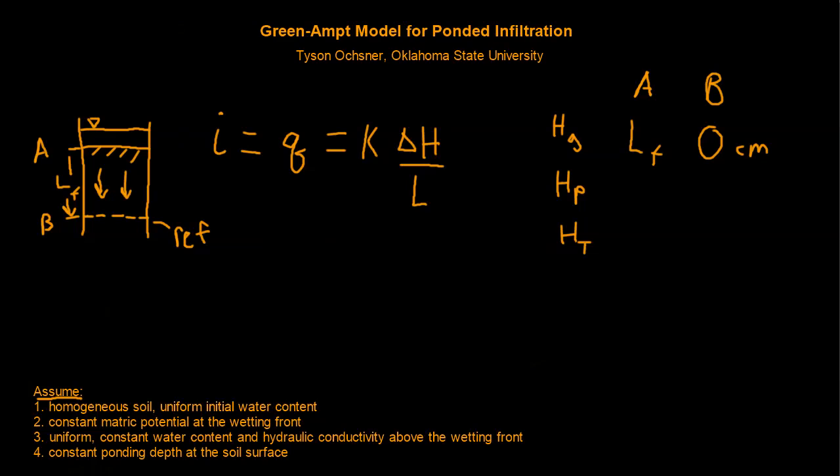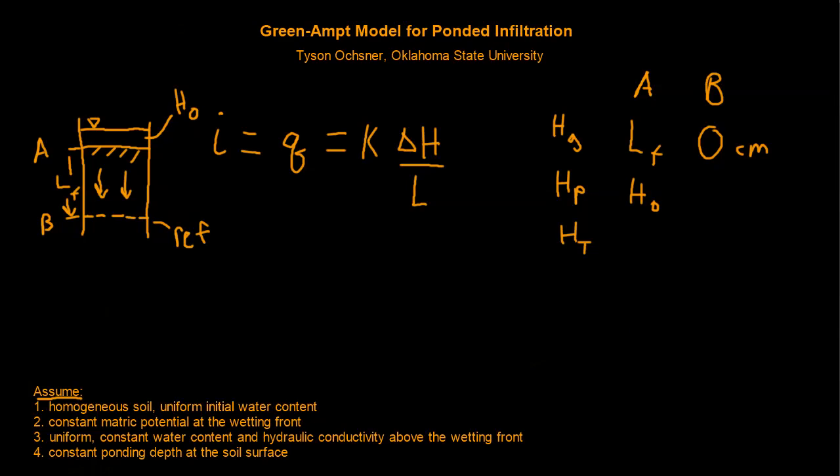Now we want to know the pressure head at those two locations. Well, the pressure head at A is equivalent to this ponding depth, which I'm going to call H subscript 0. So the pressure head at A is given by that ponding depth H0.